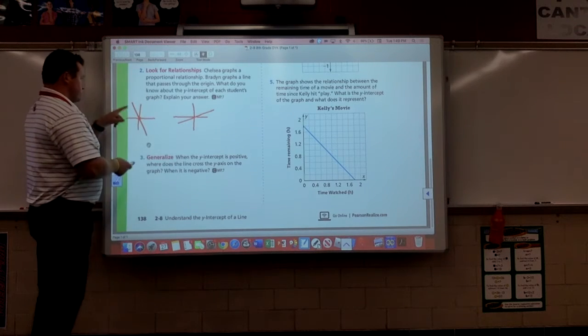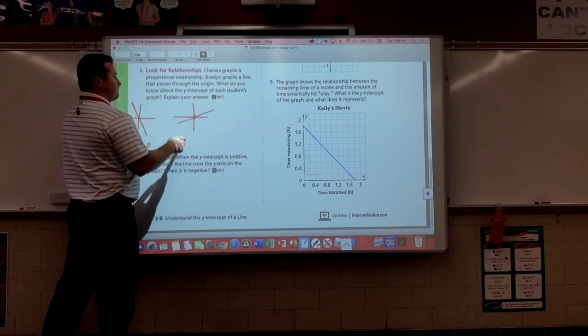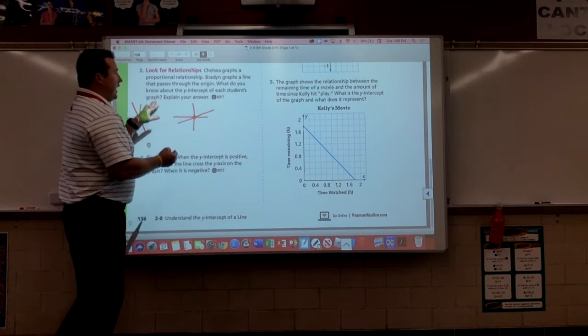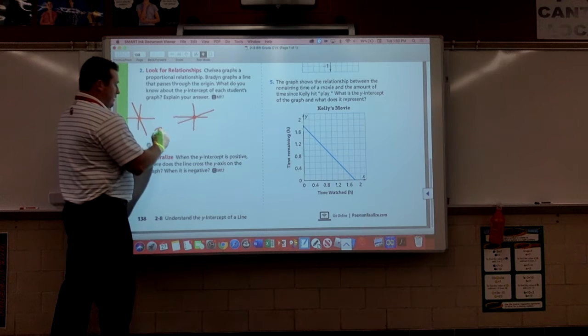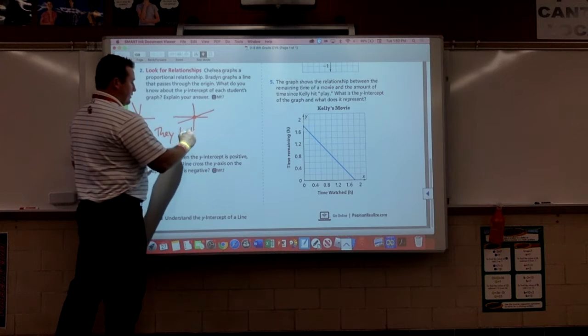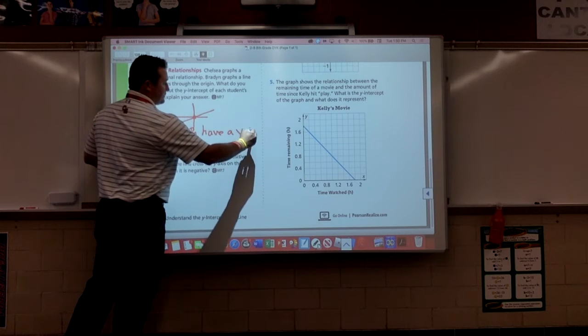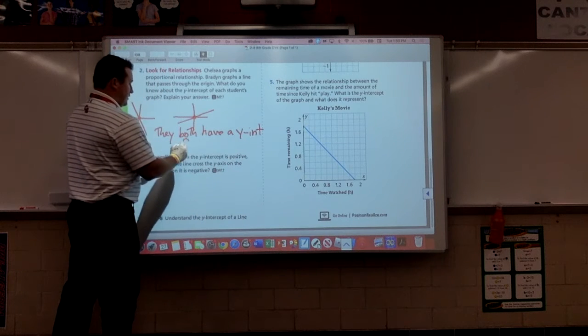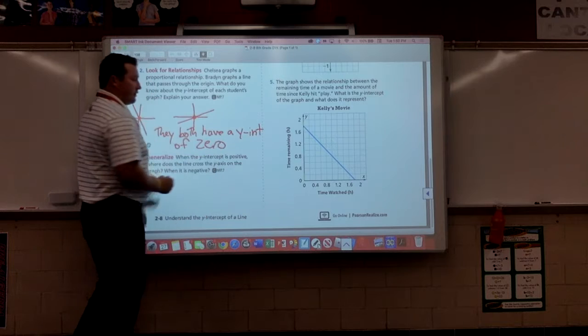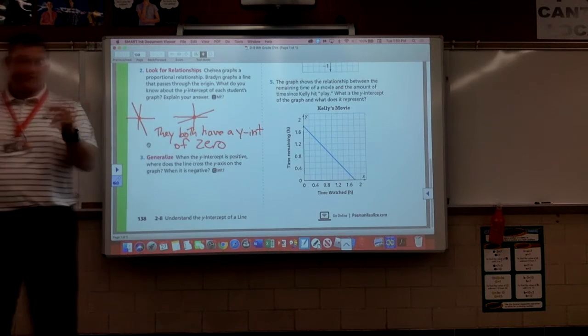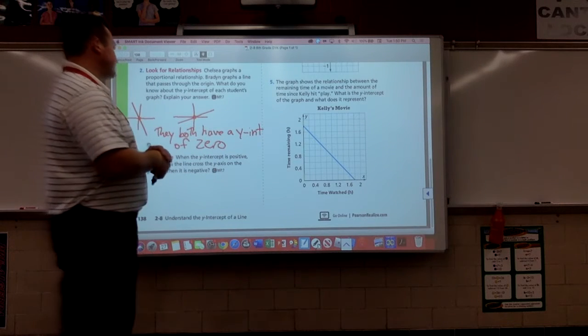Looks like they both cross the y-axis in the same spot. So what do we know? They both have a y-intercept of 0. It is that simple.